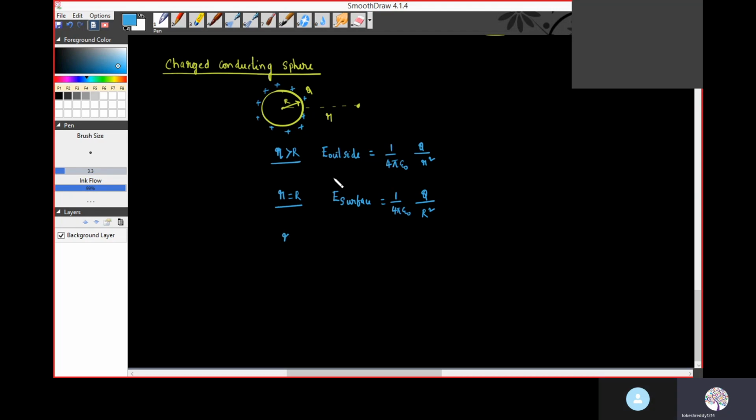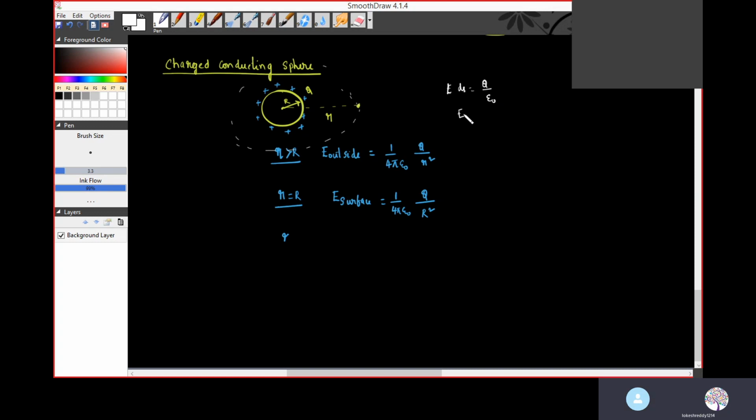How did we get this? I just applied Gauss law. If the point is outside, then I took a Gaussian surface, a sphere, here. Then I wrote E dot ds is equal to q by epsilon naught.